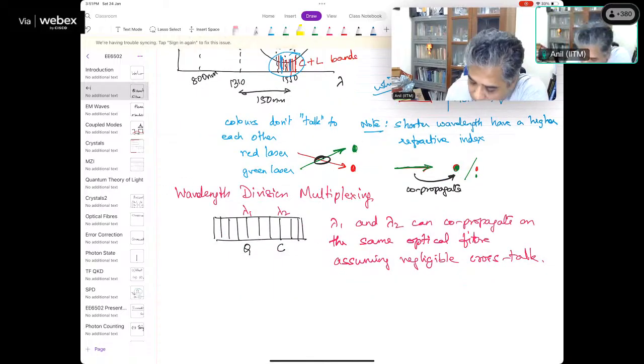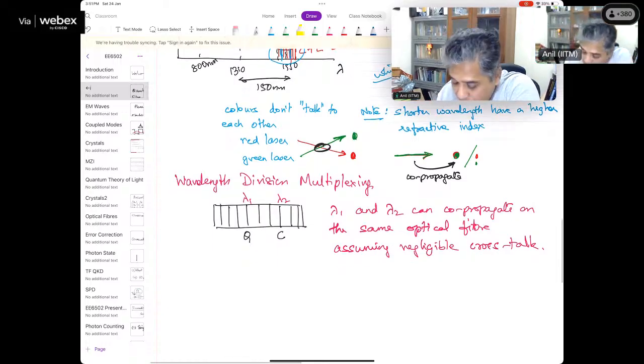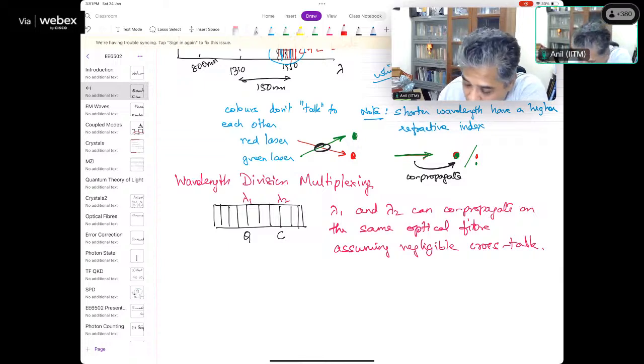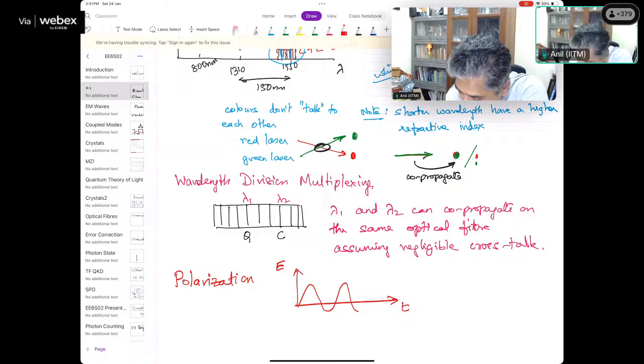So I am going to now start moving slowly into describing what is happening with a photon, right? But before I do that, there is one more concept, which is the idea of polarization. And that's simply because when we think of an electric field in time, we say that it is oscillating in time.